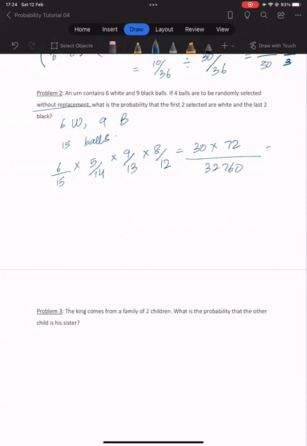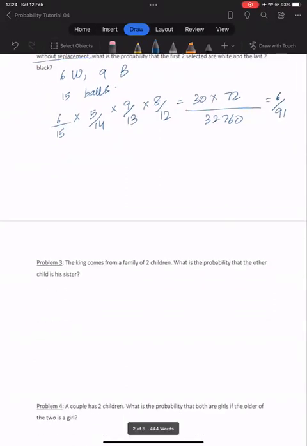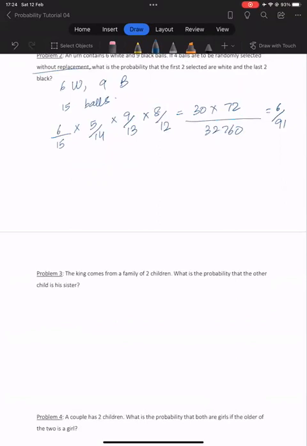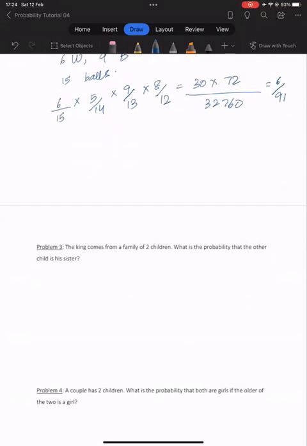And this should be 6/91. I'm hoping ये वाला भी easy था, so we can move to the next one. So I'll just check decimal में, ठीक है, 0.065.